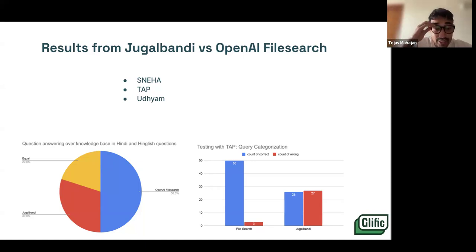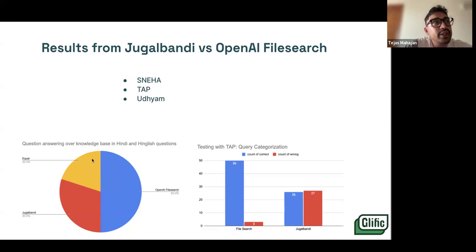Which one is better, model 1 or model 2? We tried to keep it unbiased so that the Sneha team did not know which answer was from which model. They didn't know whether answer one was from Jugalbandi or from OpenAI File Search, and they rated.